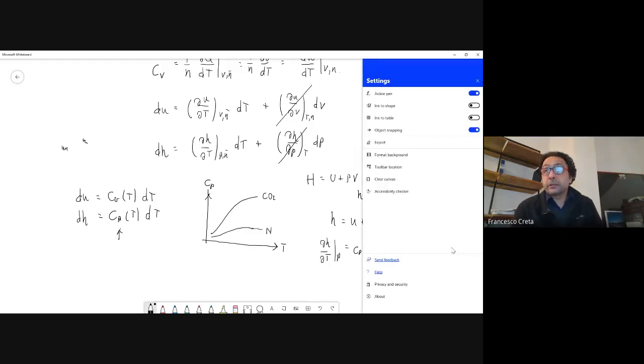Now let me just clear the canvas. I may want to save it first, but I don't know how to do this because there is no option for saving it, so who cares?